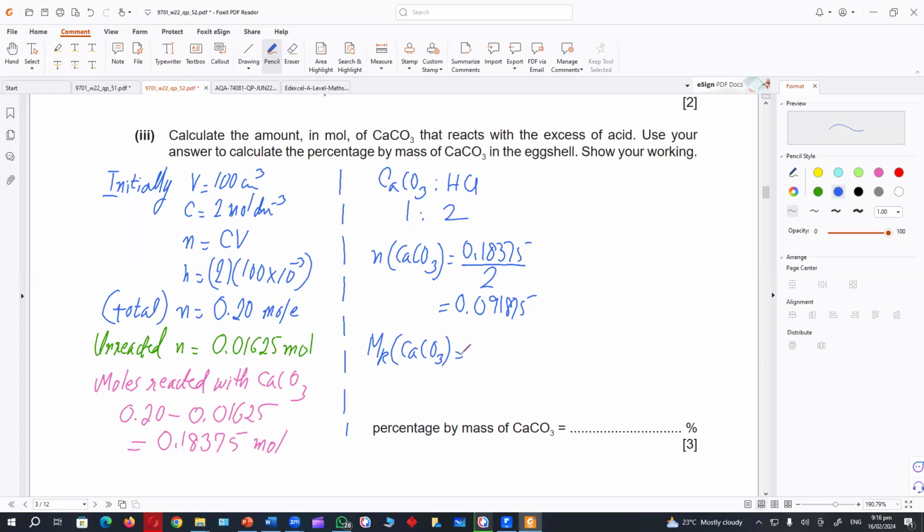Okay, how much is the molar mass for calcium carbonate? Calcium is 40.1, carbon is 12 plus 16 into 3. Yes, 100.1.